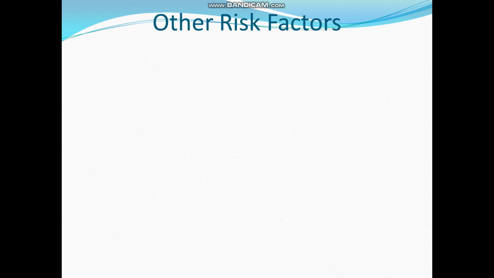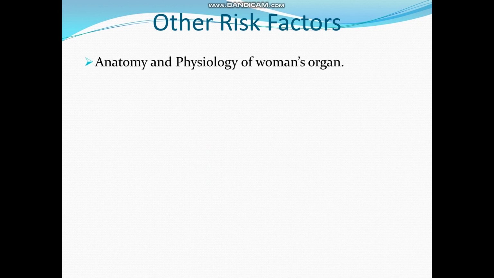There are other risk factors, meaning factors which can increase the risk for urinary tract infections. These include the anatomy and physiology of women's urinary organs, and urinary catheters, since unhygienic catheter use can cause infection.